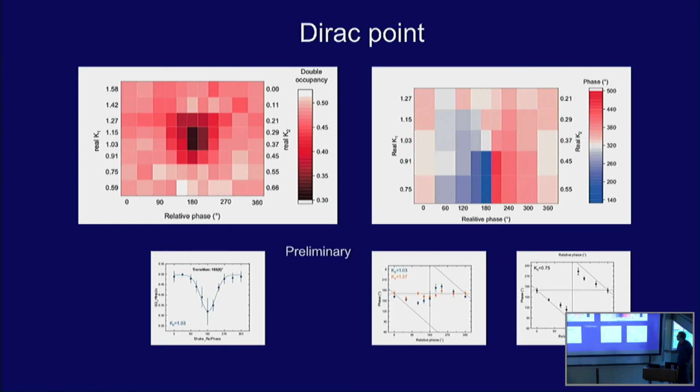And here we can also measure, so there are many relative phases. That's the relative phase of the driving, and then we have the phase between the two Hamiltonians, and there we can see that this Hamiltonian has this vortex type of structure, and here are some pictures of those.